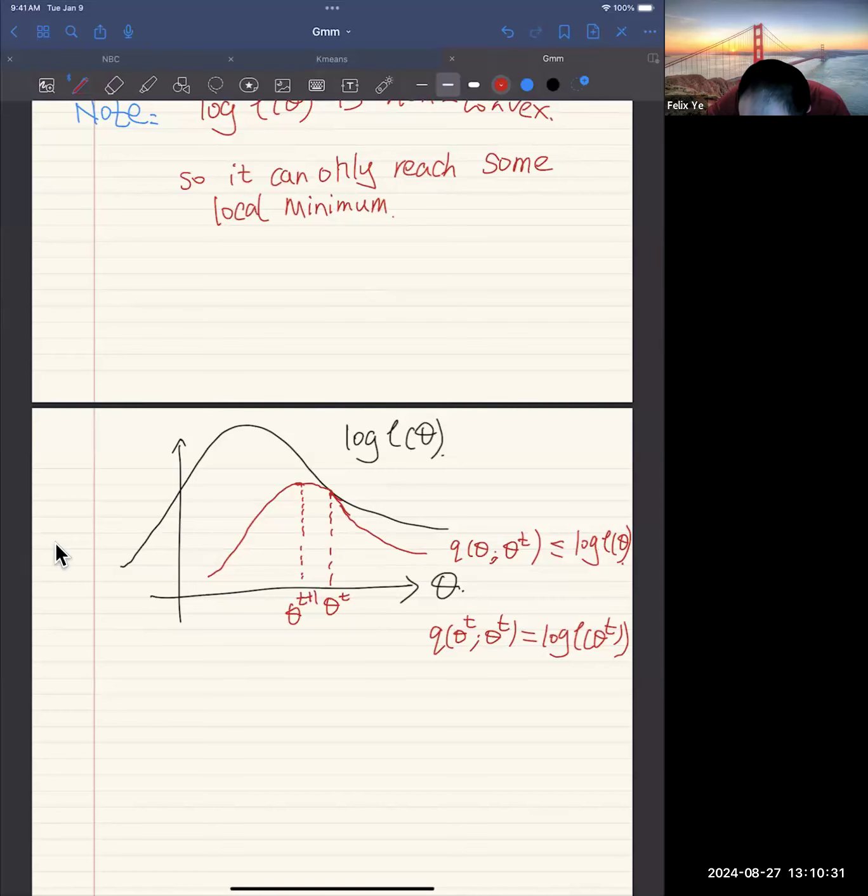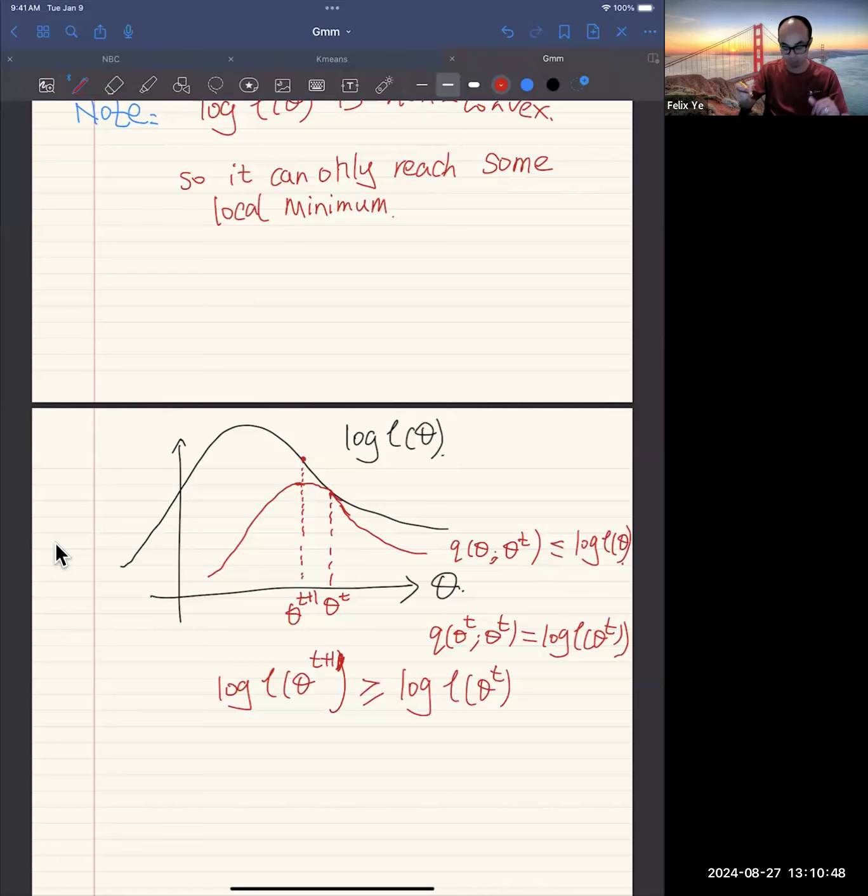It can be shown that log of L of theta t plus 1 will be bigger or equal than log of L of theta t.